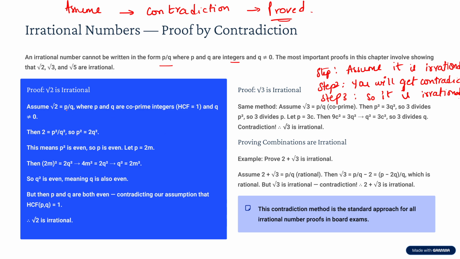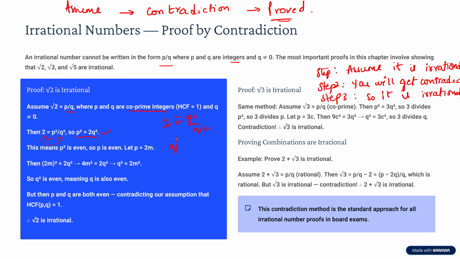So assume root 2 is equal to p by q and p and q are co-prime integers. Okay, then 2 equals p square by q square. So p square equals 2q square, isn't it? How do you do it? 2 equals p square by q square.